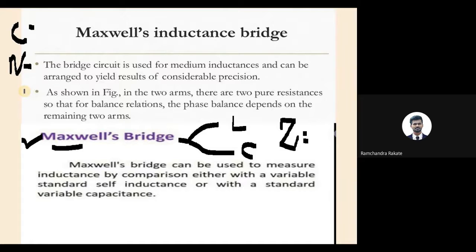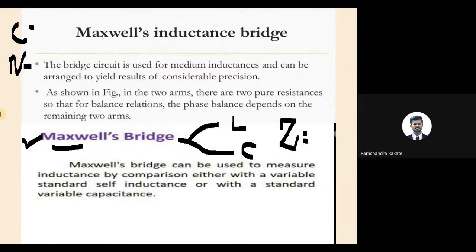These bridges are used in electronic devices and communication systems. Because of the Maxwell inductance bridge and the Maxwell inductance capacitance bridge, most applications get their accurate value. That's why we are looking at this Maxwell bridge.